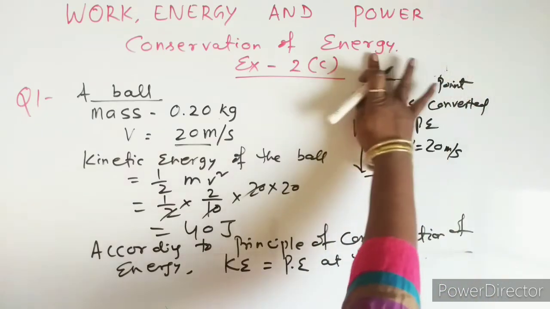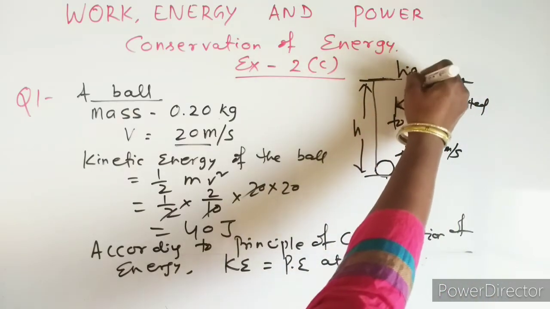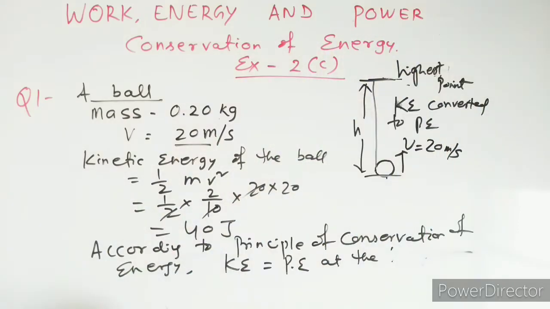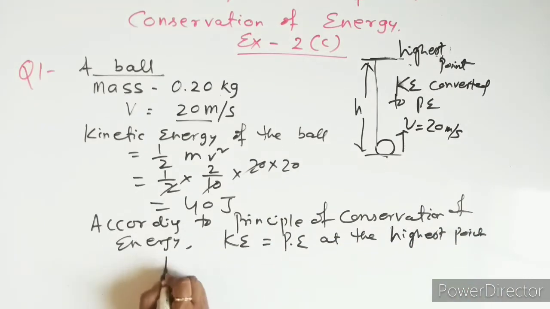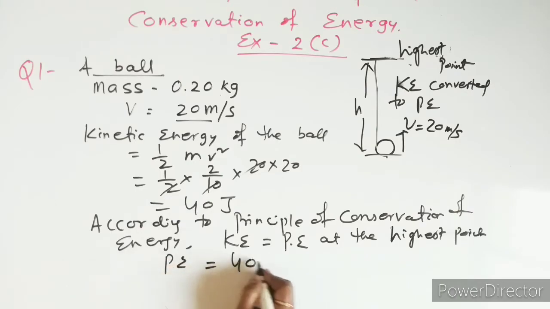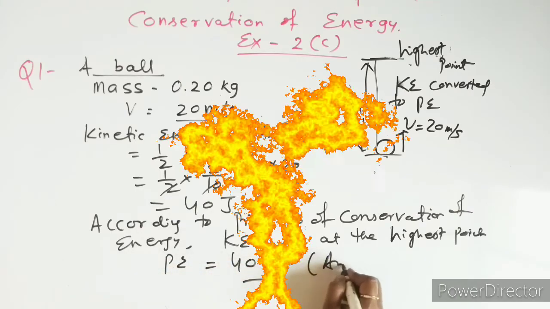I have written the spelling wrong: highest, HIGHEST point. So potential energy at the highest point is equal to 40 joule. This will be your answer.